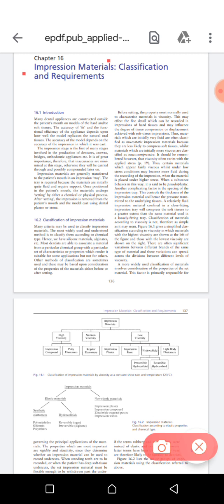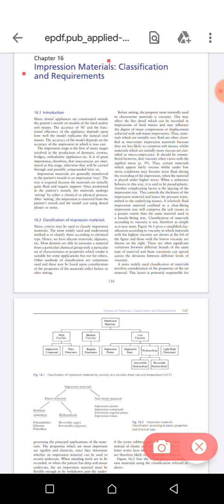According to dental use, we have the edentulous mouth and dentulous mouth. Edentulous mouth is when there is no teeth in the mouth, so no retention, and dentulous mouth obviously has teeth and the proper oral cavity. In the edentulous mouth, we use impression plaster, impression waxes, impression compound, and zinc oxide eugenol, which is ZOE.